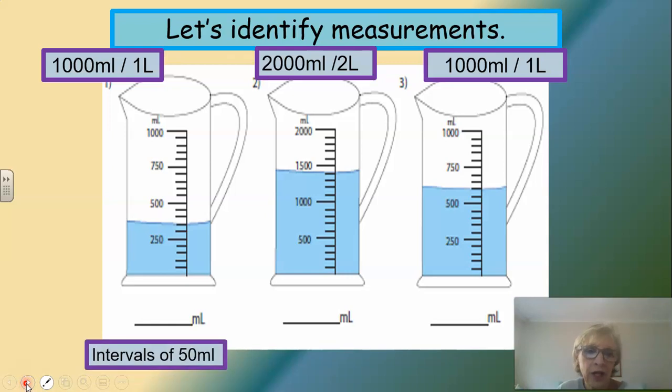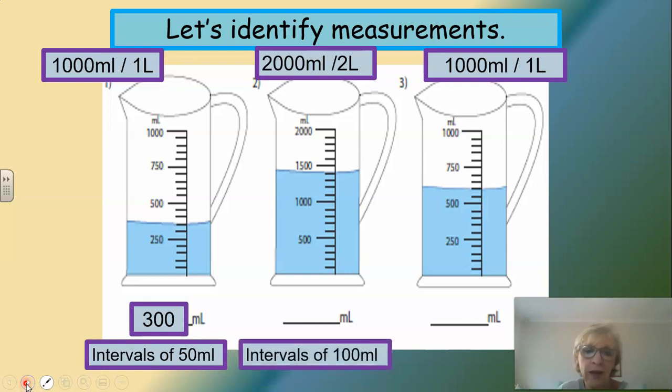Now you need to actually be able to look at the intervals that those little black lines are jumping in. And the first one, they are jumping in intervals of 50 milliliters. So that jug then, if you count from the bottom of the jug, holds 300 milliliters. It's less than half. The next one is jumping in intervals of 100 milliliters. So every little line represents 100 milliliters.